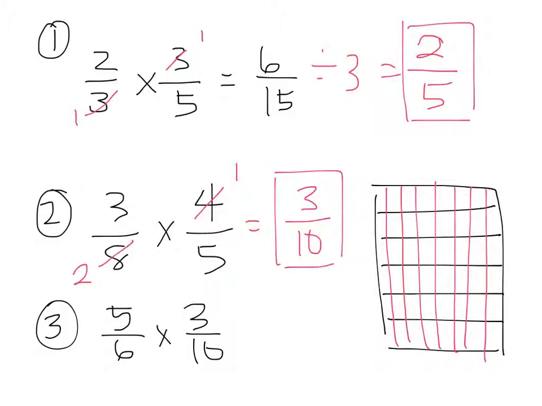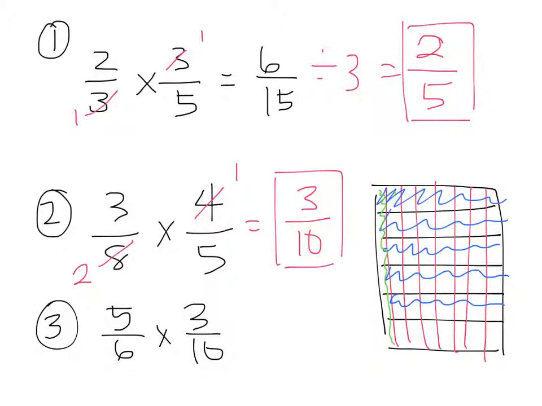Okay, then I'm going to shade it. Let's do blue for 5/6. So 1, 2, 3, 4, 5. Then for 3/10, I'm going to do green.